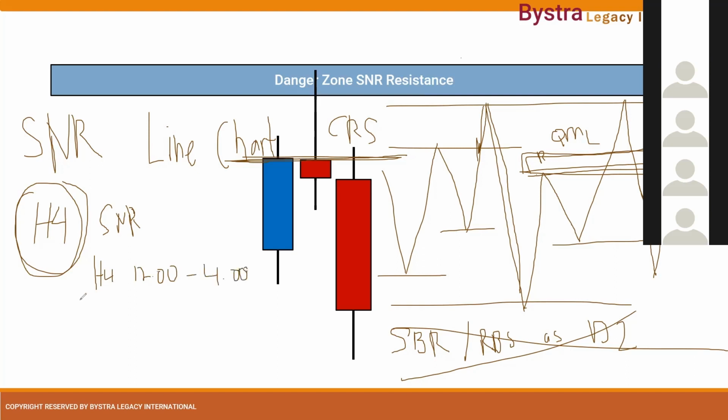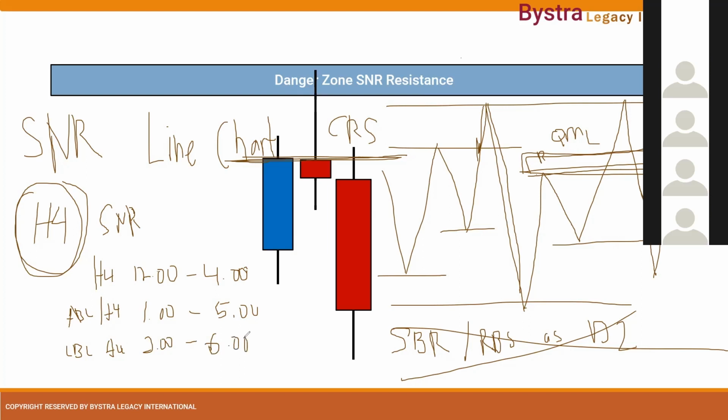Whereas for another broker, maybe ABC broker, the H4 candle will start at 1 o'clock and close at 5 o'clock. And then another broker, maybe CBC, the H4 candle opens at 2 o'clock and closes at 6 o'clock.